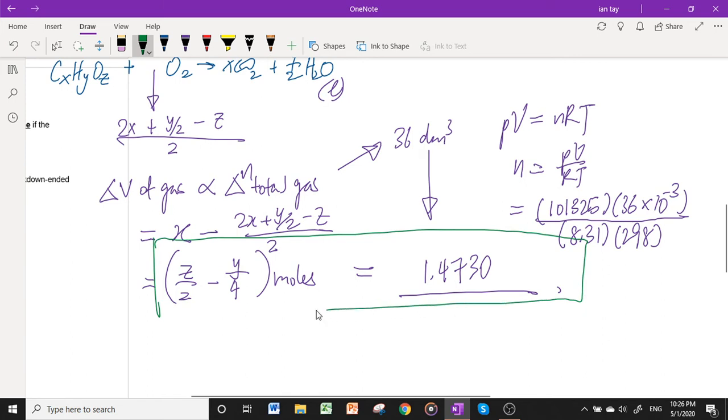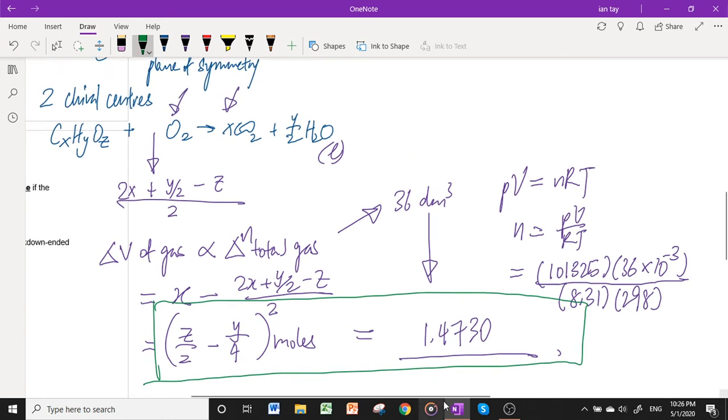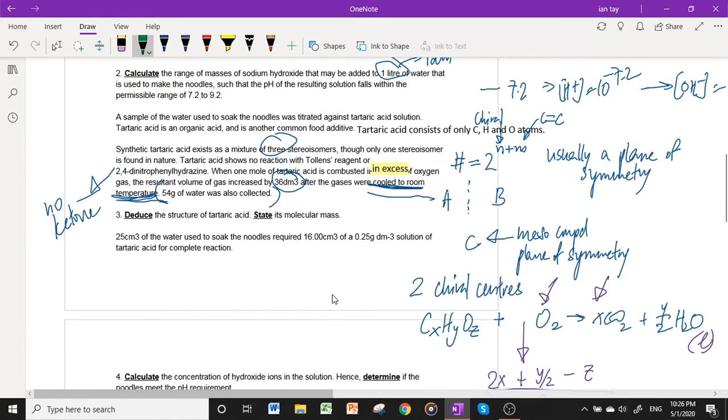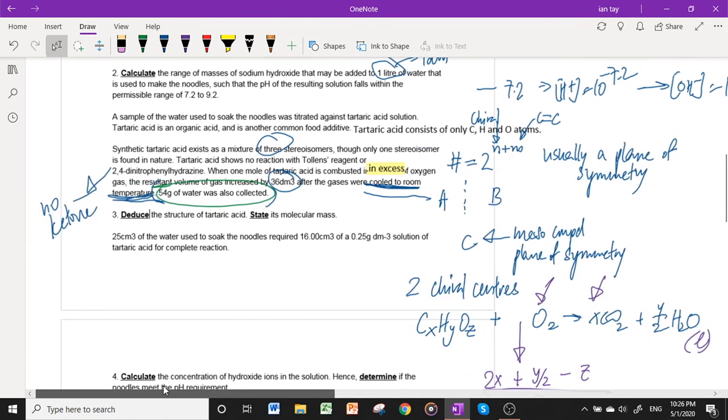However, we need some more equations, right? We can't solve directly. So is there more information that they give us? Very thankfully, the setter gave us one other piece of information, which is 54 grams of water was also collected. So normally, if the setter provides another piece of information, it must be used, and indeed, we do need another piece of information, so let's use it.